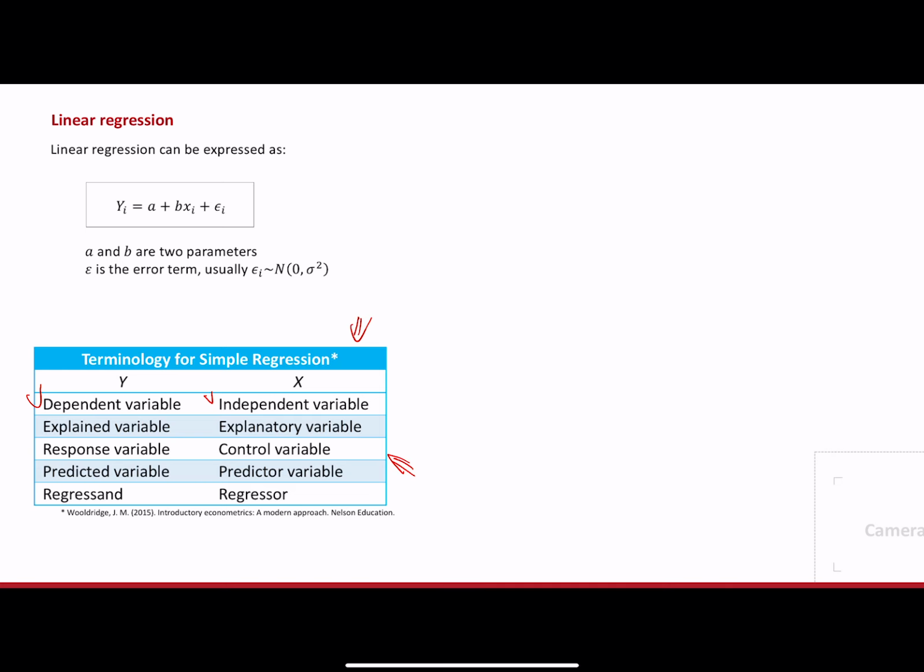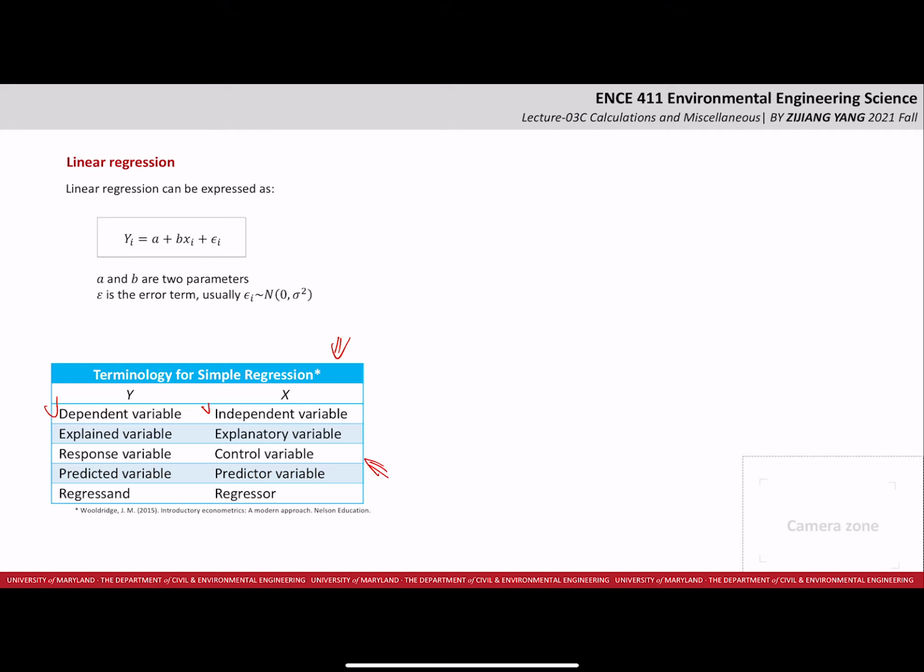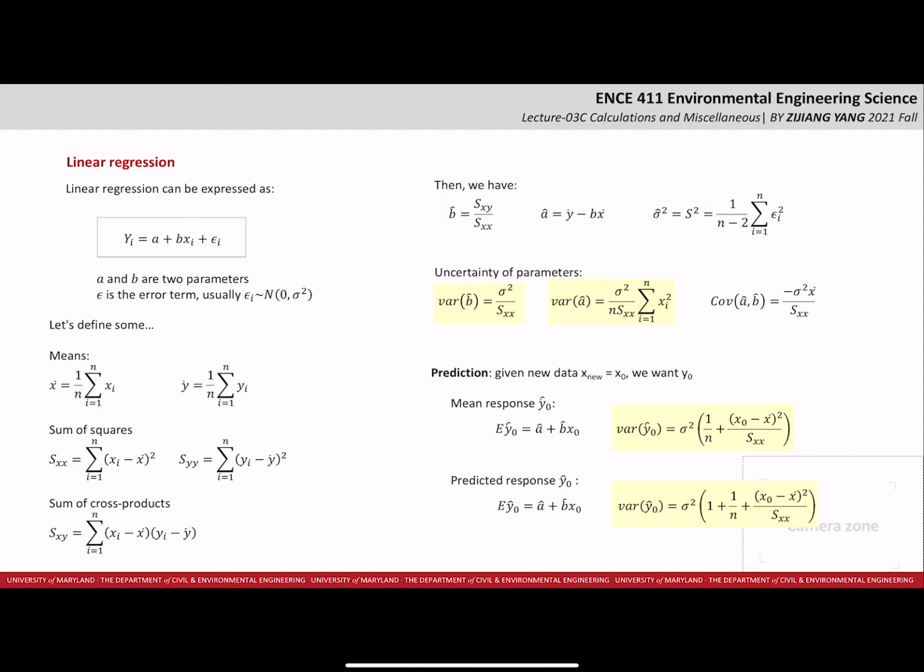And here are the equations that I showed on Tuesday, which are a little bit complicated. The general idea is that we want to know the uncertainty of the parameters because uncertainty is important. And we also want to know the uncertainty of our predictions.